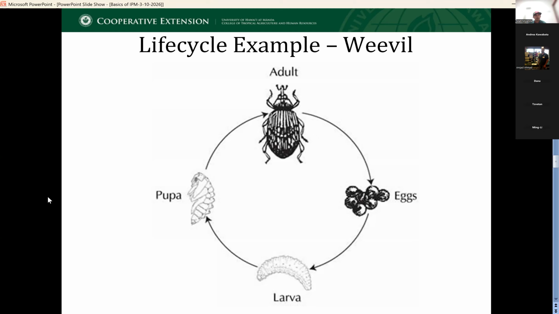So by controlling the weevil at that field stage, immediately when there is flowering, I'm going to stop them from laying the eggs. Otherwise, the eggs will be in the seeds when the pods develop, and then I'm going to have to deal with it in the storage room, because over time they continue developing and then come out as adults. So knowing what stage to target to stop that cycle is the best thing to do.